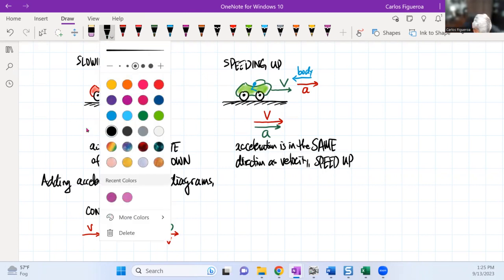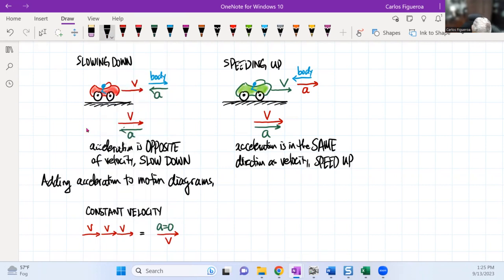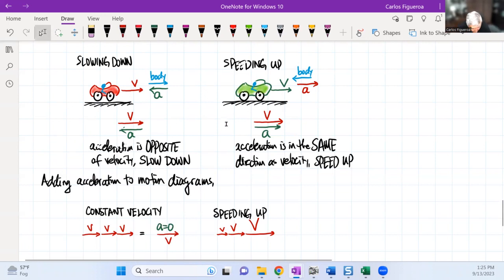Now, if I'm speeding up, we know that our arrows are changing in length here. So we can rewrite this as follows.